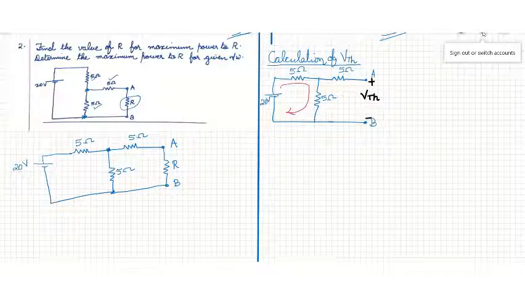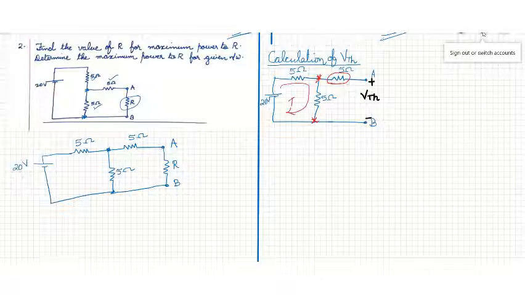No current will flow through this path. So the terminal voltage across this 5 ohm resistor is exactly the same as VTH, because no current flows through this 5 ohm resistor. So this potential and this potential will be same.